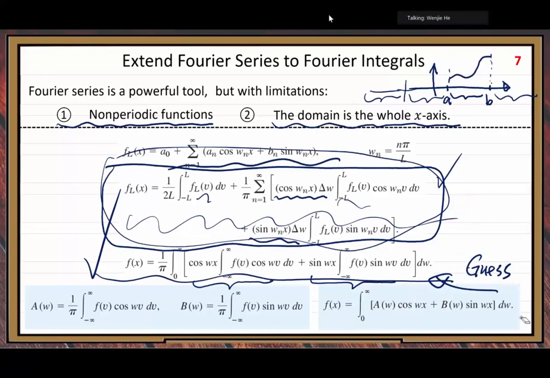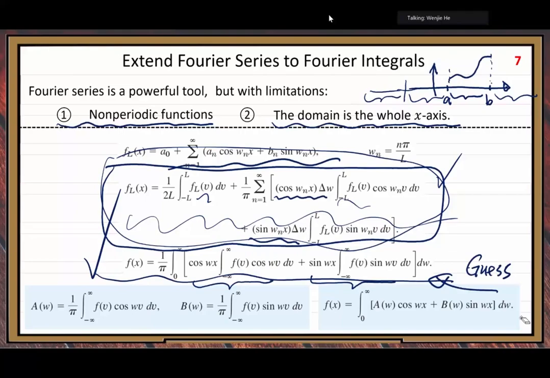The capital A function is like a coefficient; you can understand it as covering many coefficients, putting many coefficients together using an integral.